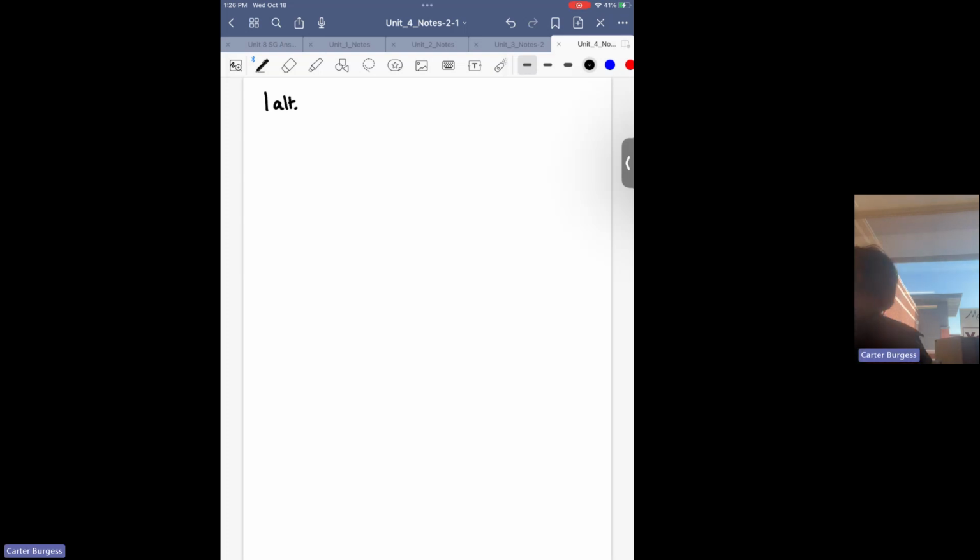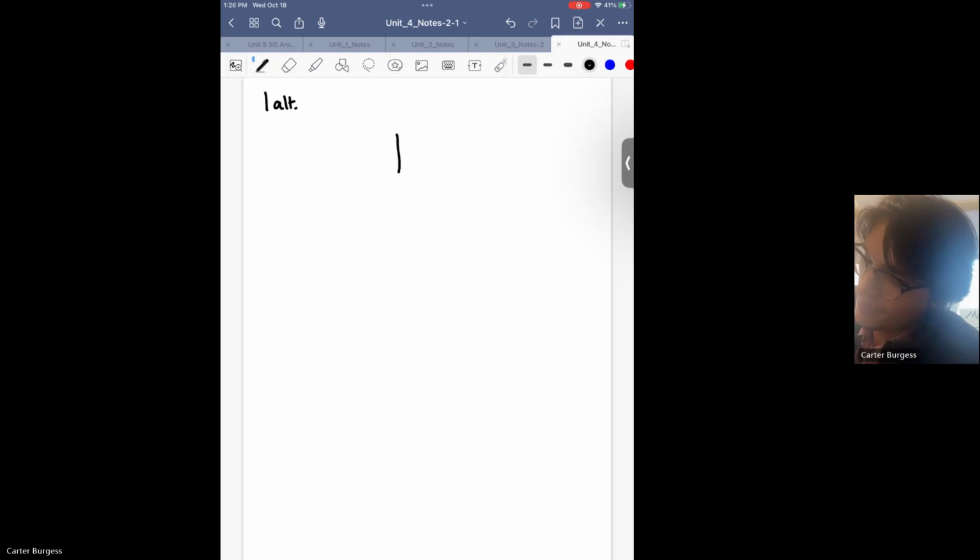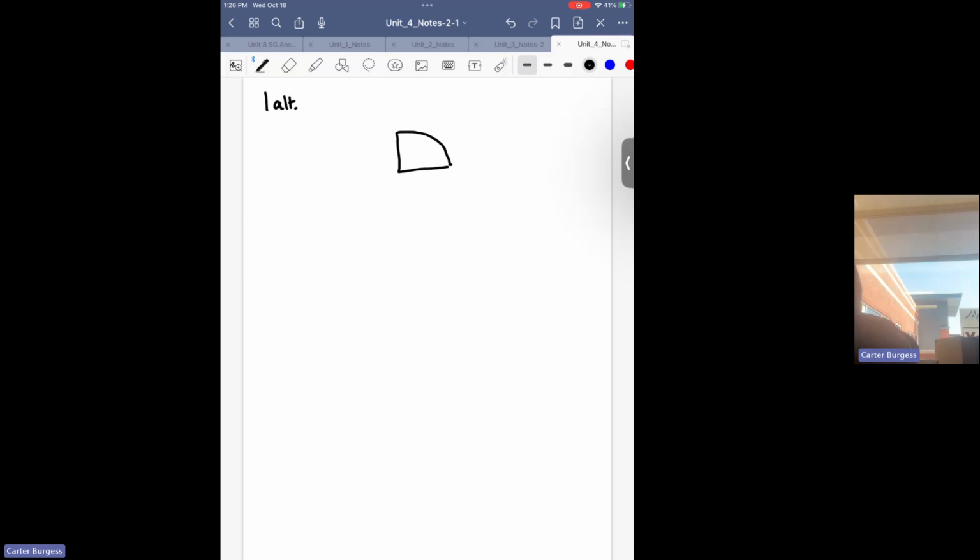If we have a wedge that accounts for a fourth of our circle, then we would expect this measure here to be a fourth of the arc length, and we would expect this measure here to be a fourth of the area, and we would expect the angle to be a fourth of a full circle.